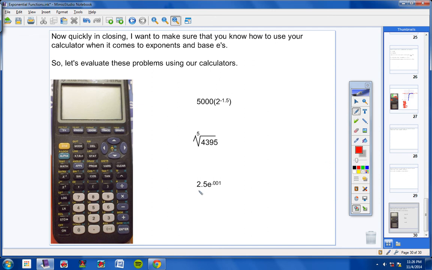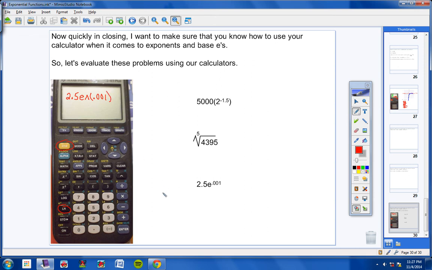Okay, go ahead and type into your calculator 2.5. Then next is base e. So you'd want to hit second, and then this button here. And when you do, this will pop up, just like that. Then go ahead and type in .001 and then close the parentheses, okay?